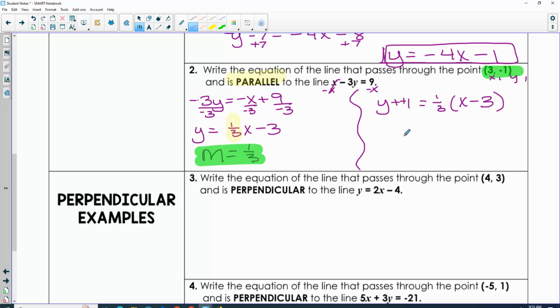And this negative is positive, so y plus 1 equals, if we distribute, 1/3 x minus 1. What do we have to do to finish? Subtract our 1 over. Y is 1/3 x minus 2.